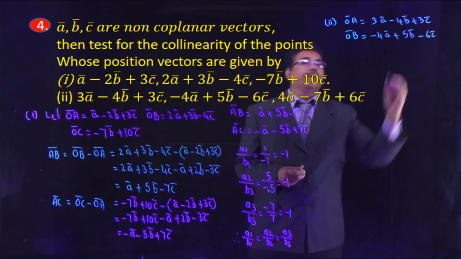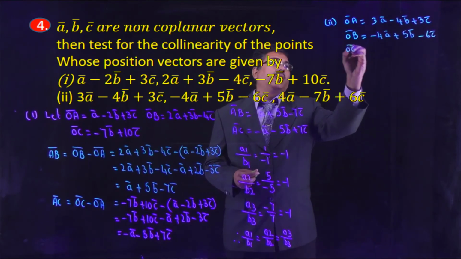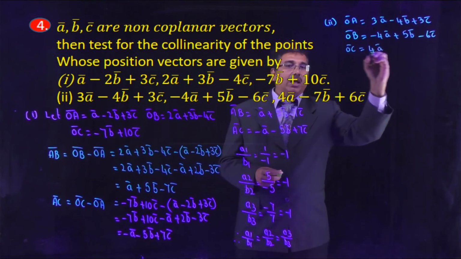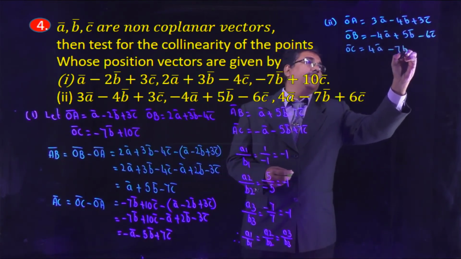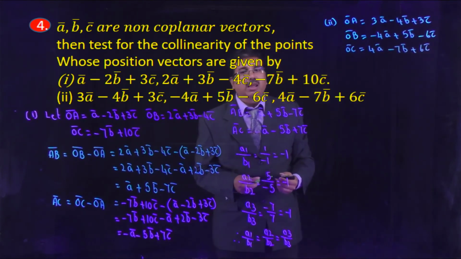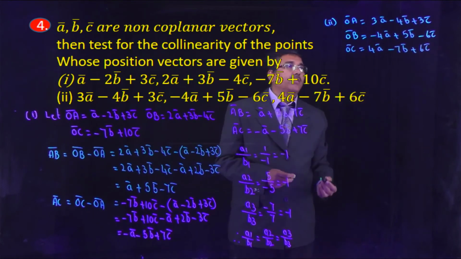OC bar is equal to 4A bar minus 7B bar plus 6C bar. Right? OA bar, OB bar, OC bar.